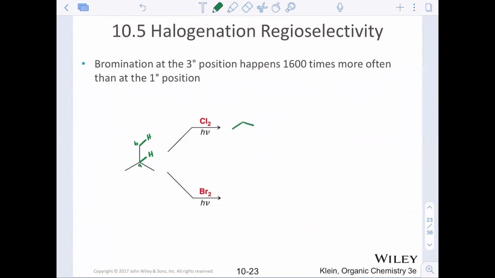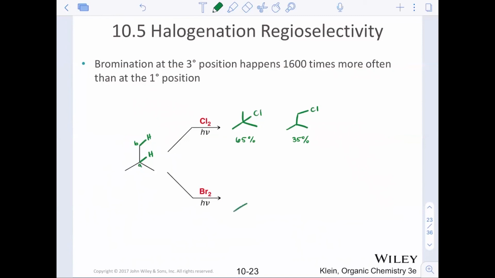For chlorination, yes, our major product will be on A, but we will also get B's, right? This reaction actually is about a 65% to a 35%. You don't need to know those percentages, but you do need to know how to draw all constitutional isomers possible.